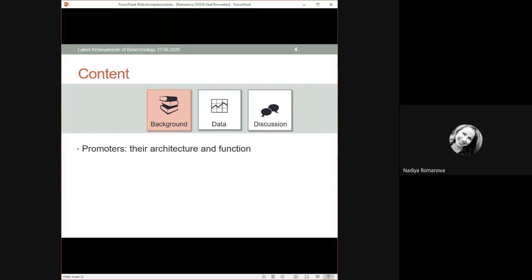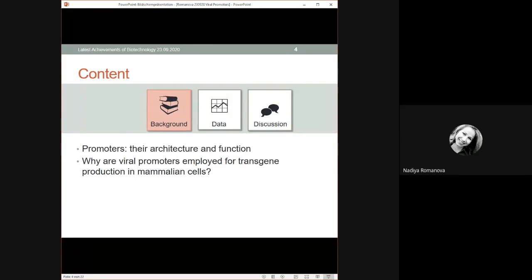I will talk about the architecture of mammalian promoters and their function in the cells. I will explain why viral promoters are often employed for producing transgene proteins in mammalian cells, and also talk about the drawbacks of viral promoters.